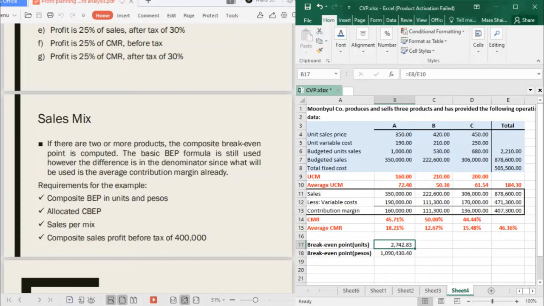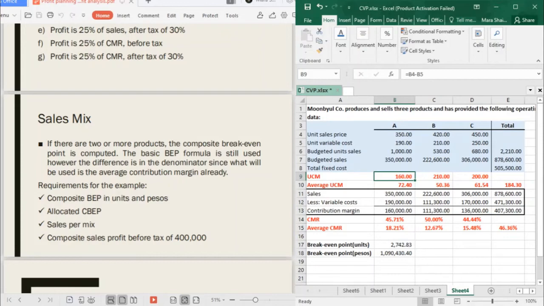Diba? If we are looking for the break-even in units, and then our CMR if we are looking for the pesos. Now, again, since daghan naman siya products, so dili dayon diha nimo makuha ang imuhang unit contribution margin. So kaning mga naka-red, diba? This is your UCM and your CMR. Now, sugod ta sa ato ang UCM.